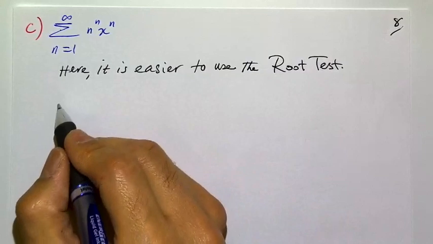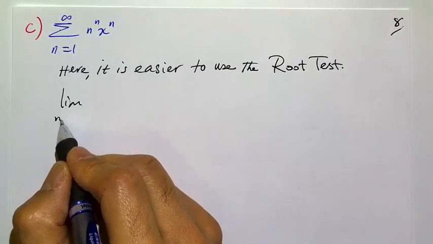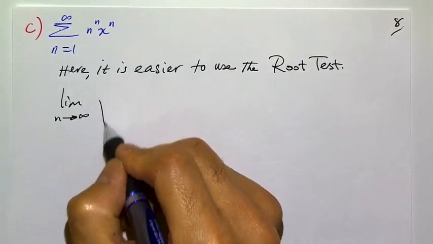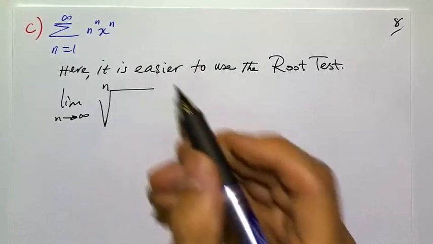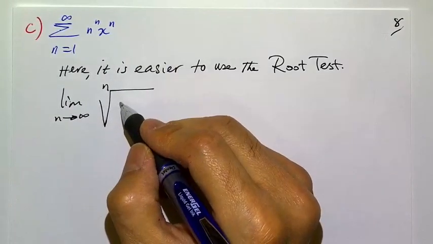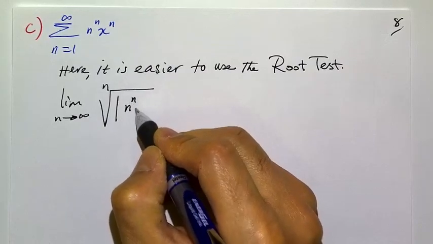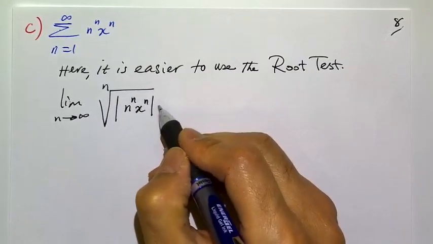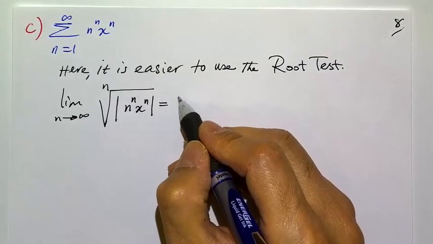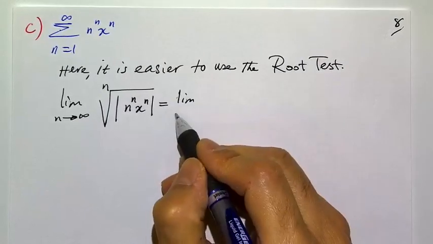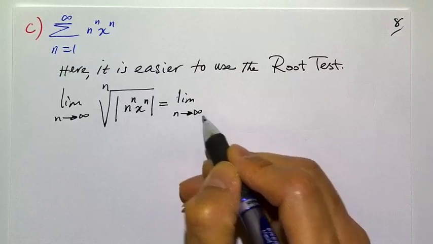Okay, so we will do that. The nth root of the absolute value of n to the n, x to the n, and we have then the limit as n goes to infinity.